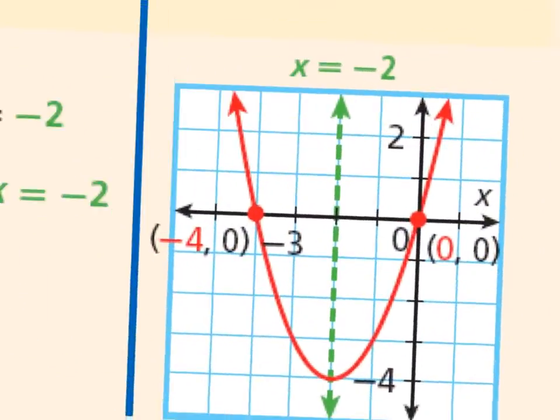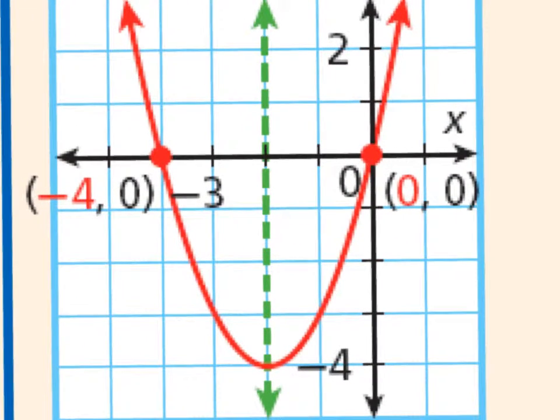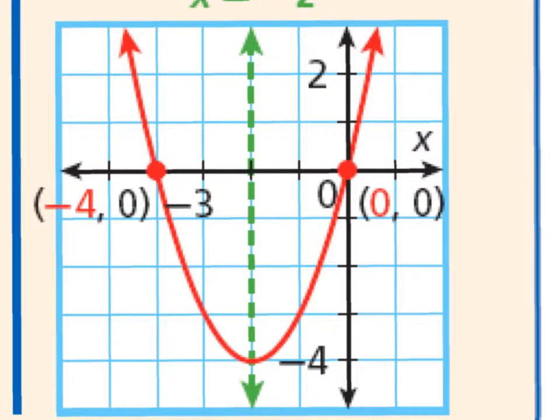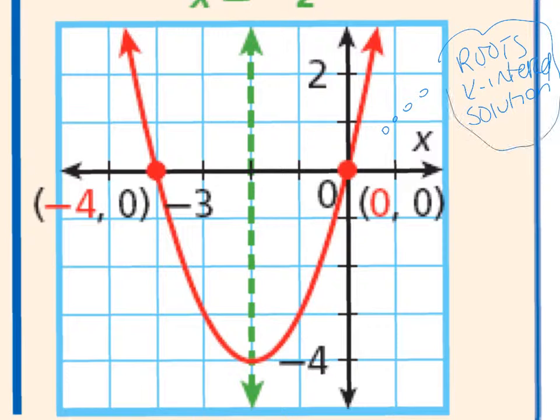Sometimes, however, you are given a quadratic parabola and you're not told exactly what the x equals axis of symmetry is. So if you are given the roots, the zeros, the x-intercepts, remember these are all the same words, roots, x-intercept, the solution, all of these mean the same thing.